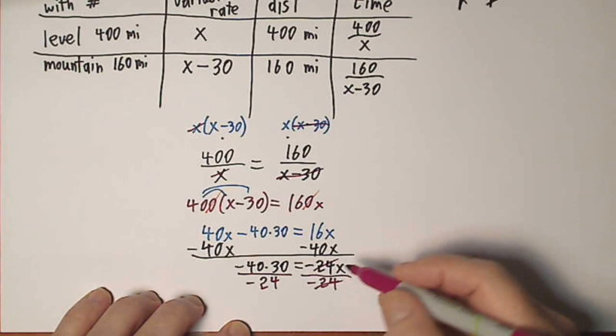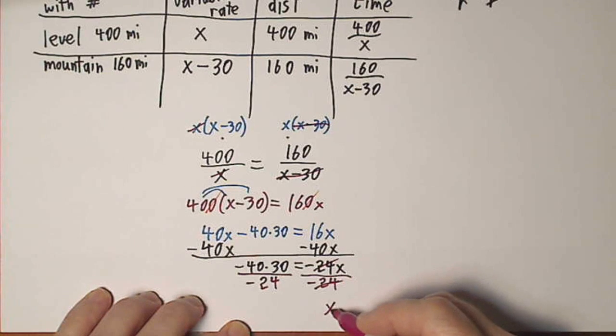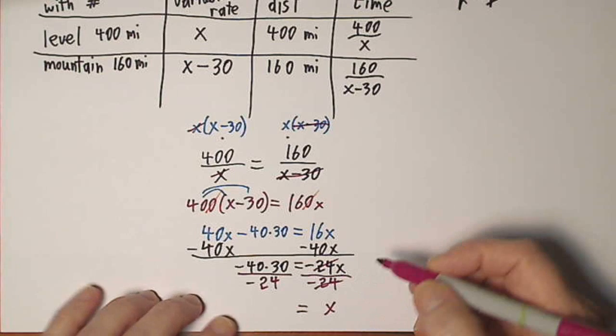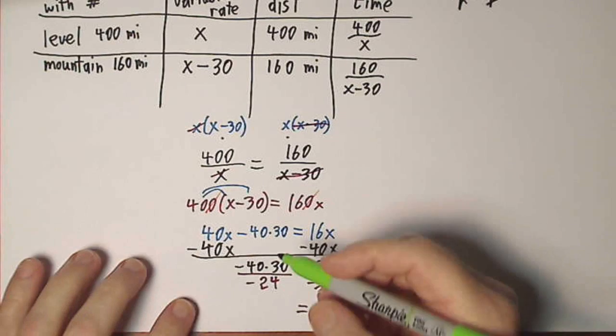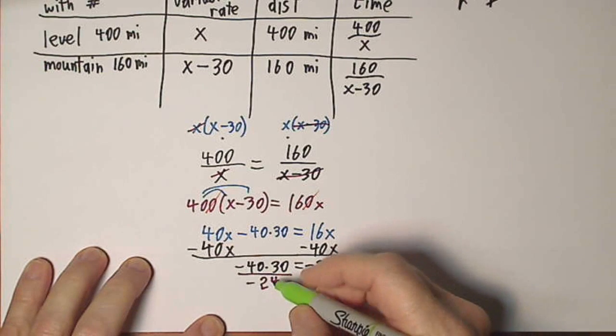So over here, of course, they cancel out, and you have a positive 1x equals. The negatives here are going to cancel, so we can stop worrying about them. And let's just see what we can cancel out.